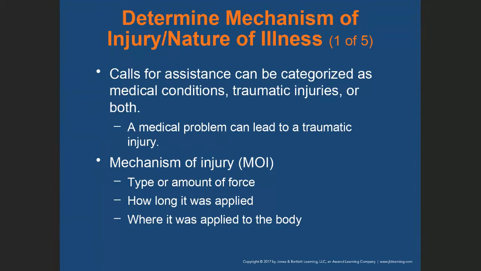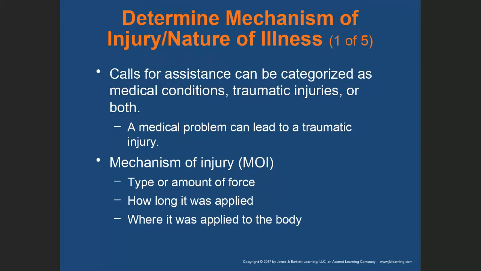So the mechanism of injury is whatever caused the injury, and injuries result from forces applied to the body. When force is applied to the body, if the body cannot dissipate, so if the body cannot spread that force out, the force becomes concentrated, and that results in soft tissue injury.